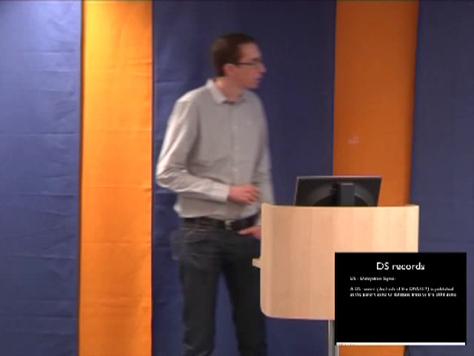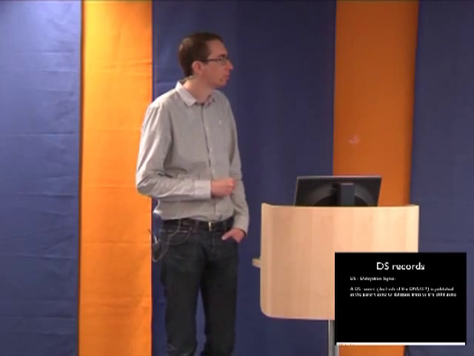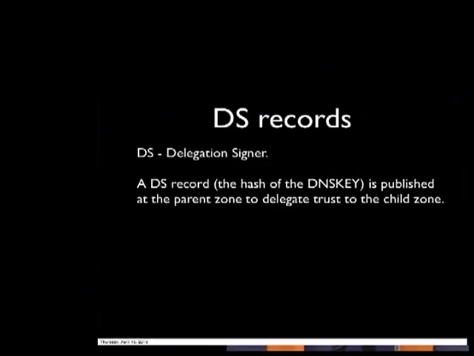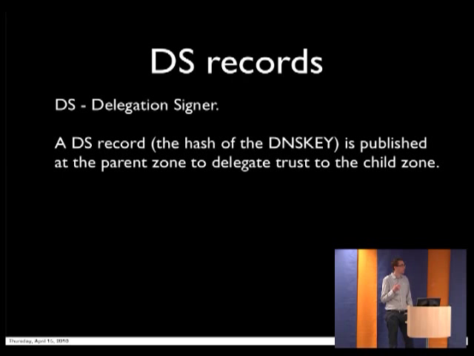The fingerprint is made for the DS records. The DS records are published at the parent zone to indicate that the child zone is secure. The parent zone here is typically .se, and the child zone is is.se. When you want to indicate that is.se is a DNSSEC domain, you publish a fingerprint of the key in .se. So .se has a lot of DS records for all the secure domains.